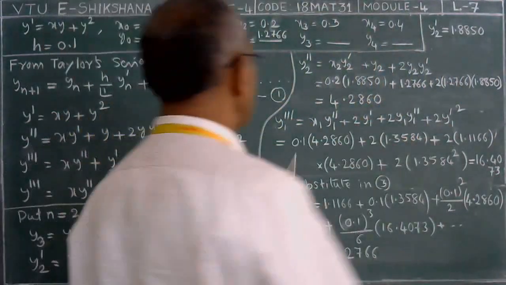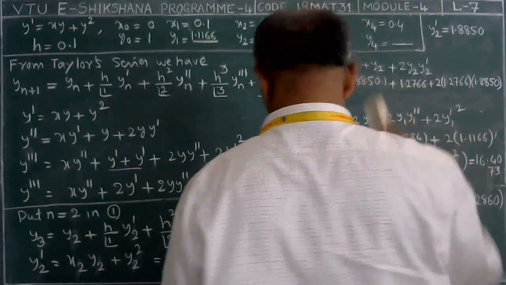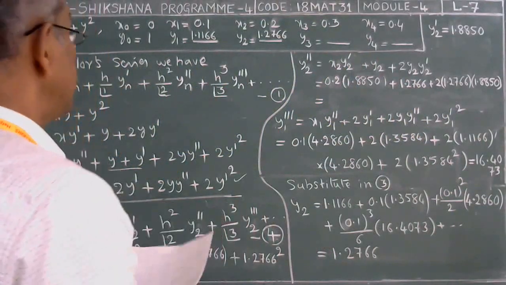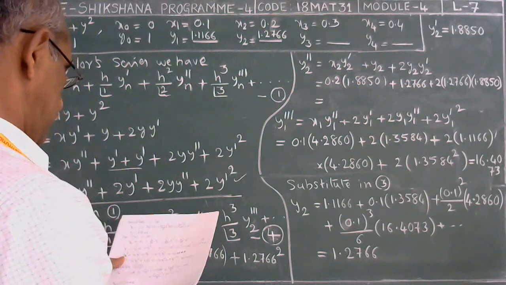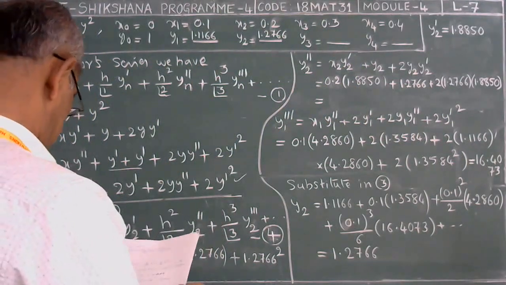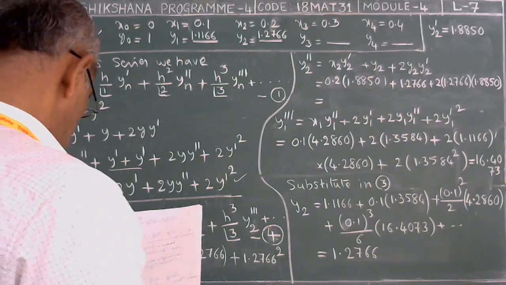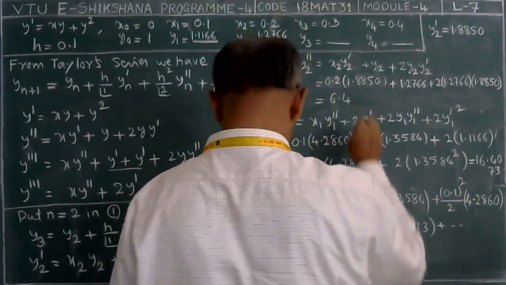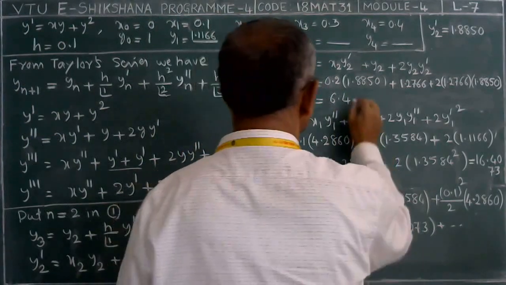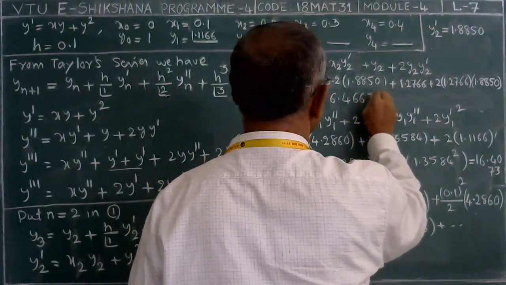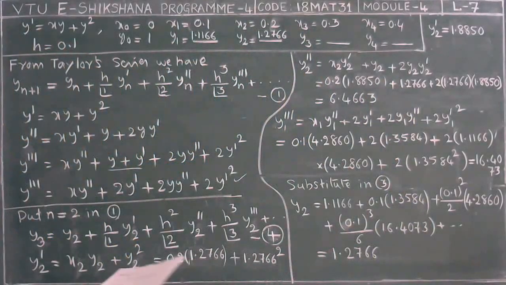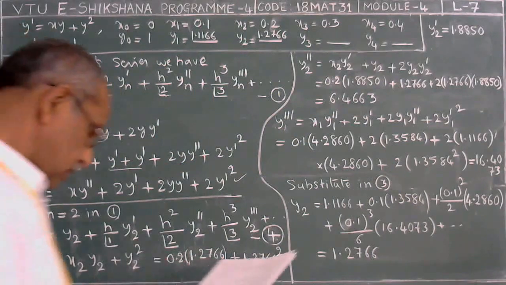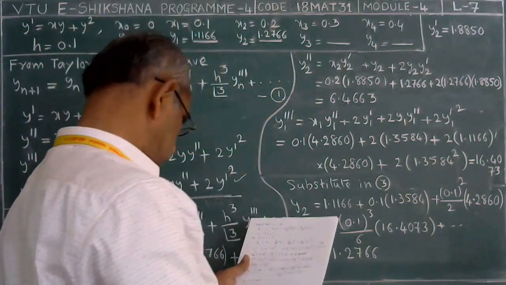So if you compute carefully, you get y2 double dash 6.4663. That is your y2 double dash.